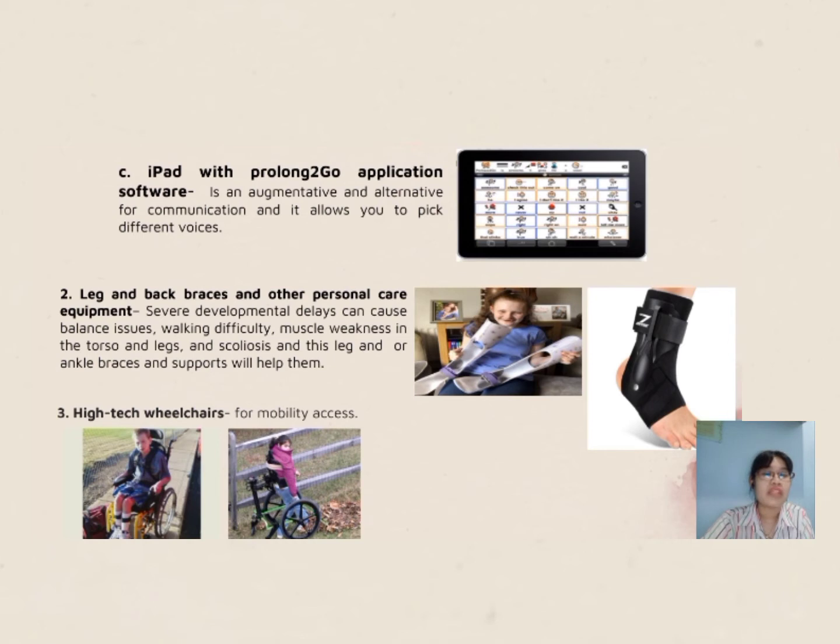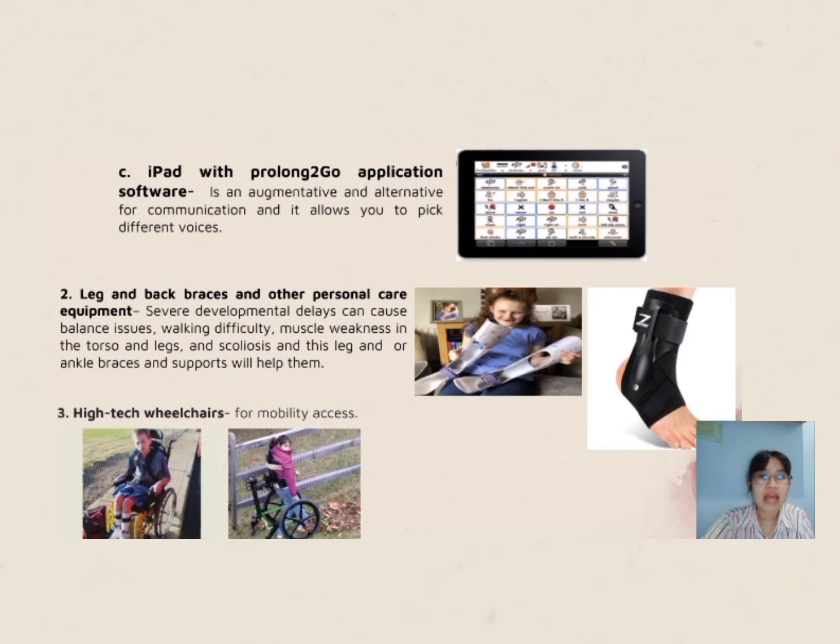Pero, if it is severe na siya na developmental delays, doon na nagkakaroon na hindi na maintain yung balance. May balance issues na, may walking difficulties and muscle weakness in the torso and legs, and mga scoliosis, and these leg and ankle braces will help them to support, no, sa kanilang pagtayo or paglakad-lakad.